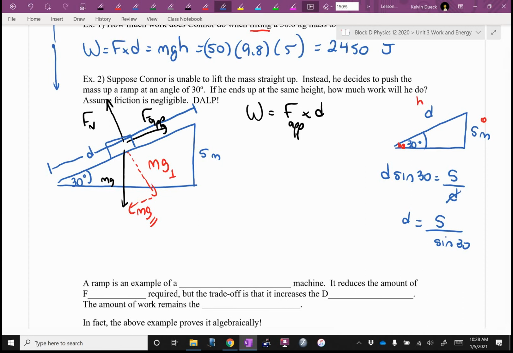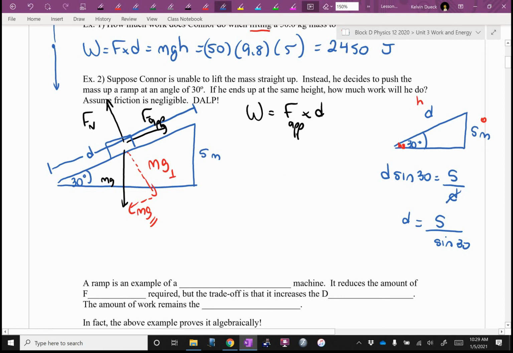Okay. Let's go back to this equation right here. I don't know F applied. But wait a minute. Connor, if you're pushing at a constant speed, if a is 0, what must F applied be exactly the same size as? Mg parallel, right? That's the tug of war on the ramp.